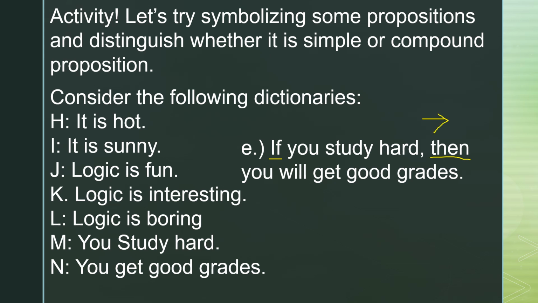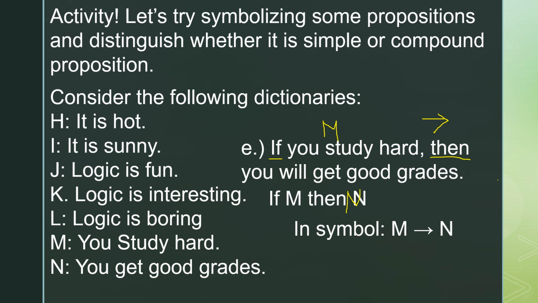You study hard is proposition M, and you will get good grades is proposition N. So in connectors, we can represent this as if M, then N. And in symbols, we have M, arrow to the right, N. Okay, so that's it. I hope you learned something.